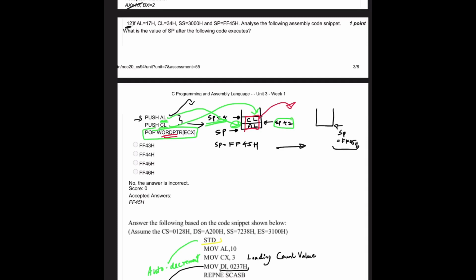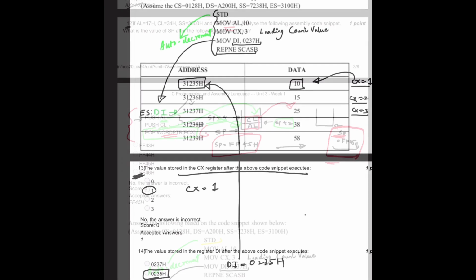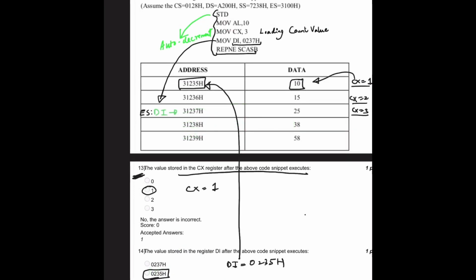After this, the stack pointer comes back to SP. So it decrements by 4 and comes back to this exact same location, which is SP. Initially SP was FF45, and finally after the execution of these three instructions, it is again FF45. So let's look at question 13.